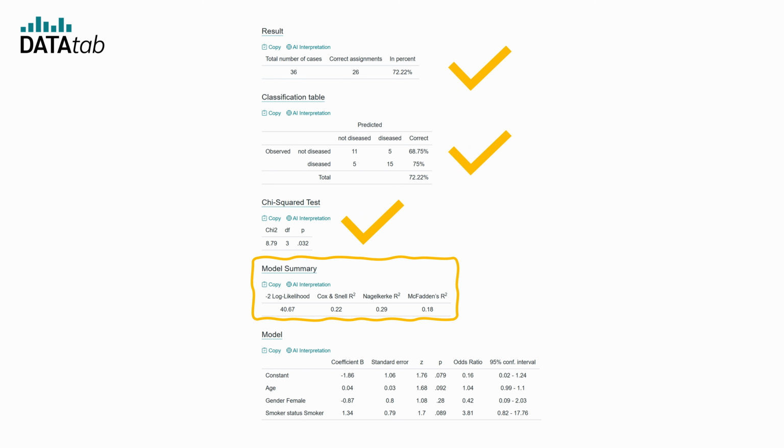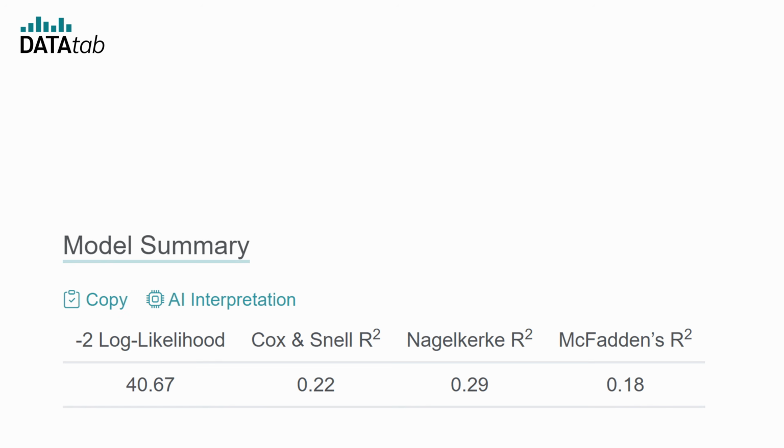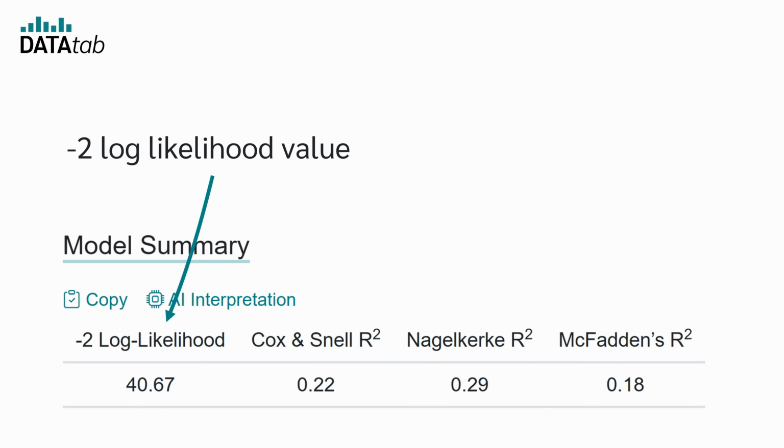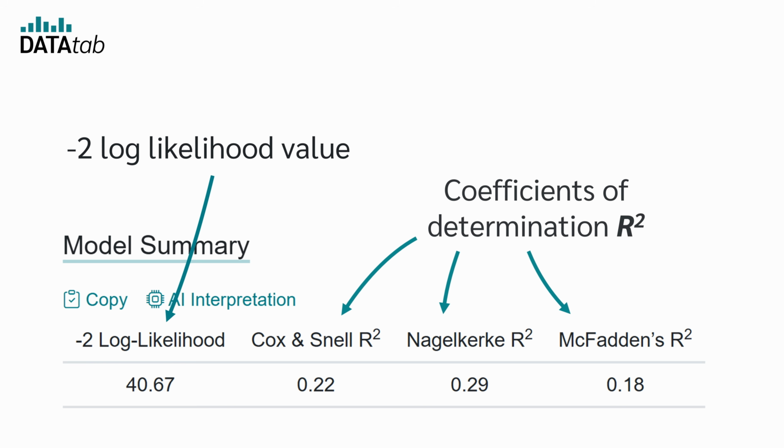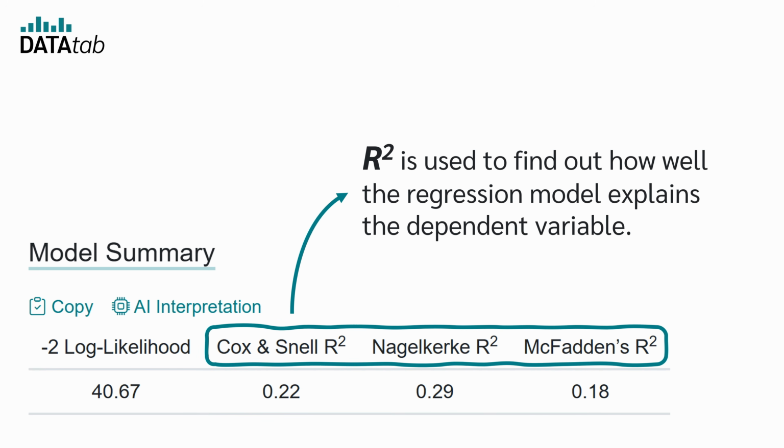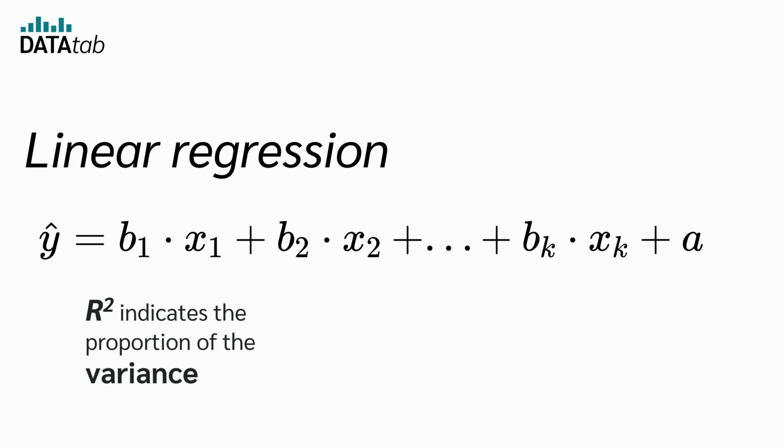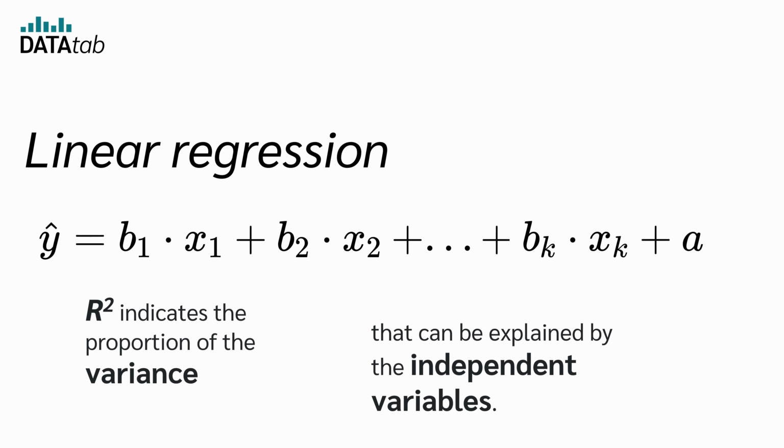Next comes the model summary. In this table, we can see on the one hand the -2 log likelihood value, and on the other hand we are given different coefficients of determination, R squared. R squared is used to find out how well the regression model explains the dependent variable. In a linear regression, the R squared indicates the proportion of the variance that can be explained by the independent variables.